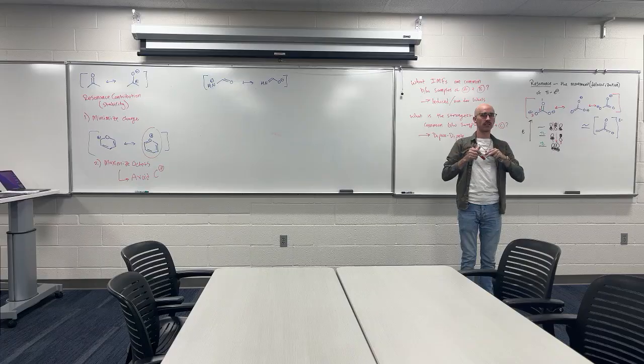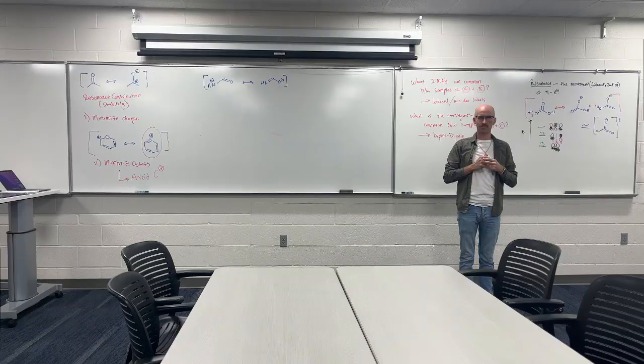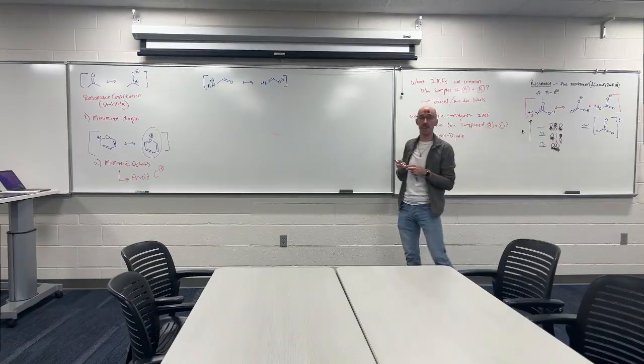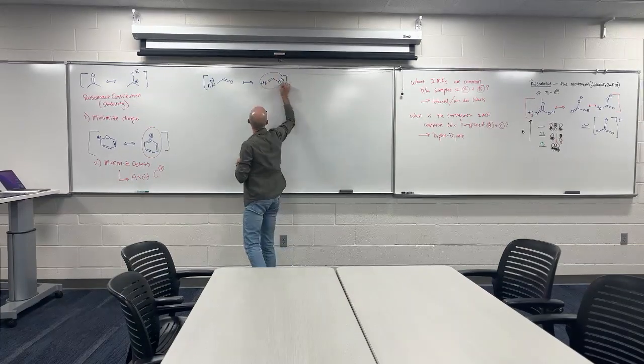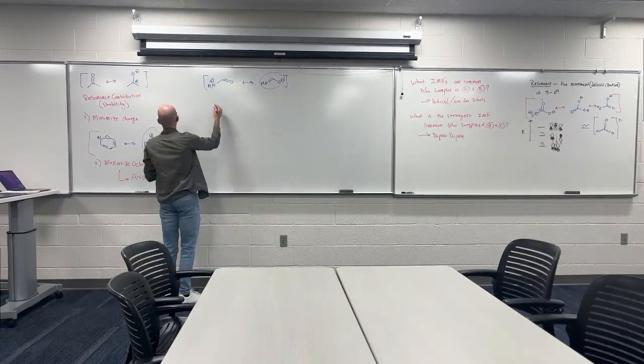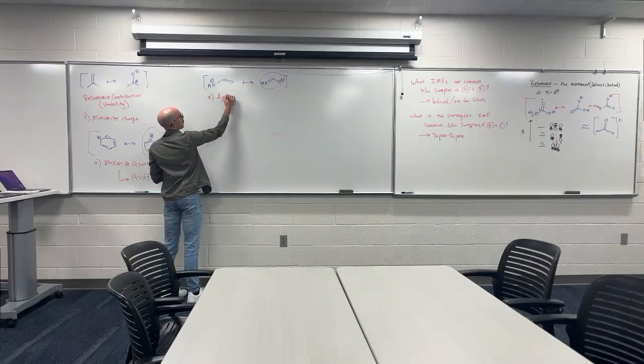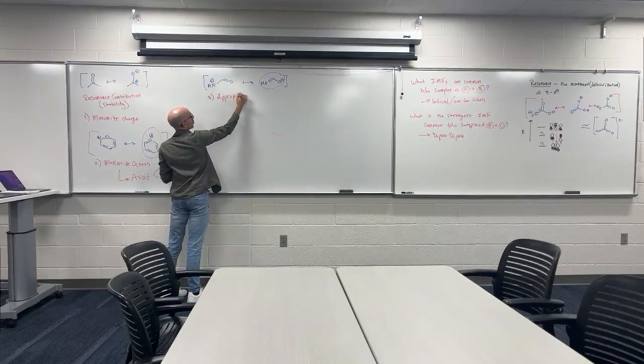That's not totally true, but it's okay to think of it that way sometimes. Oxygen is more electronegative. So holding a negative charge, oxygen is better at that. This holds the negative charge. And our rule here, our third rule, is appropriate charge placement.